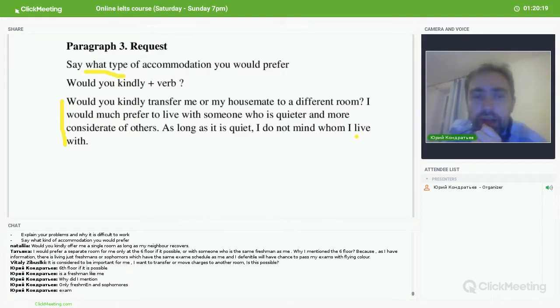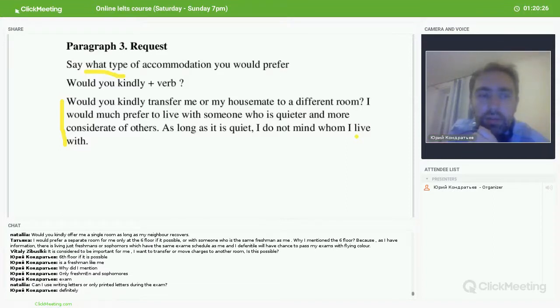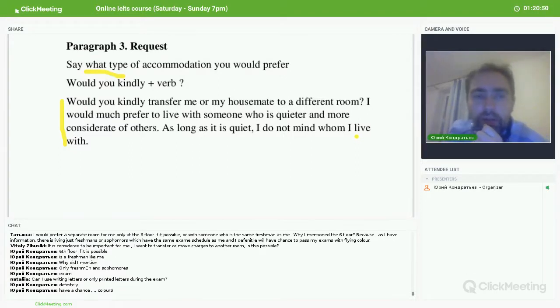Exam schedule as me, and I definitely will have a chance to pass my exams with flying colors. Definitely. Have a chance. To pass an exam with flying colors.